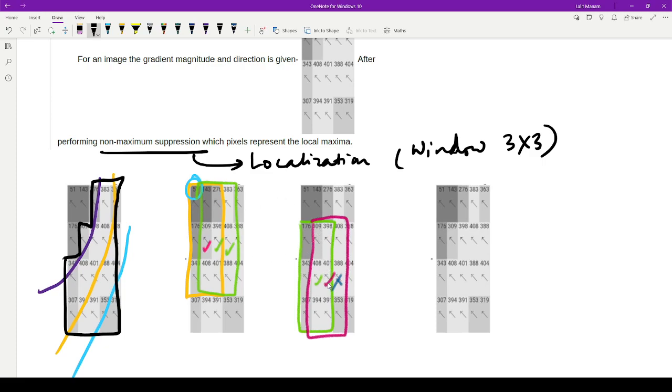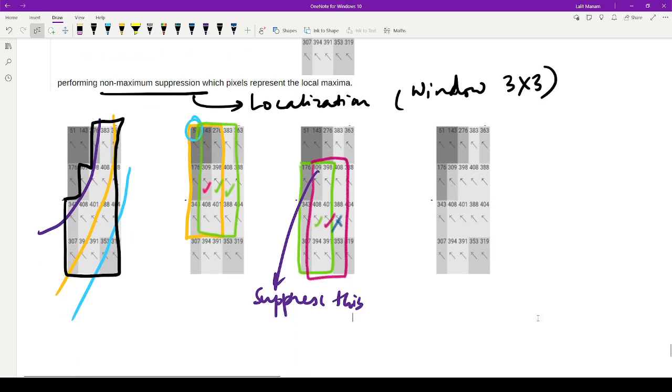So once you choose 401, you have to suppress 309. Why? Because along the direction you should only have one maximum.